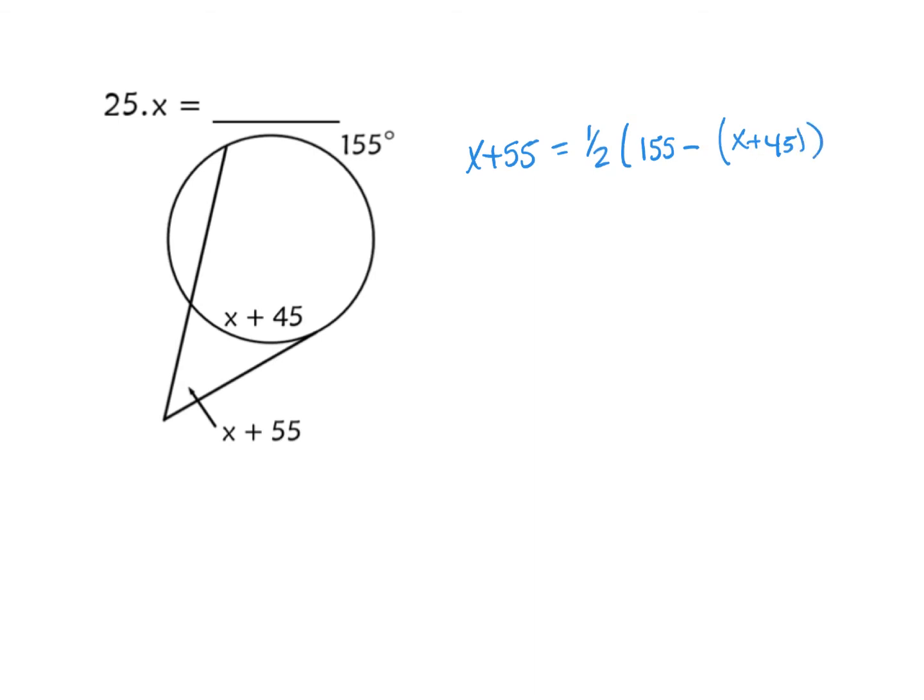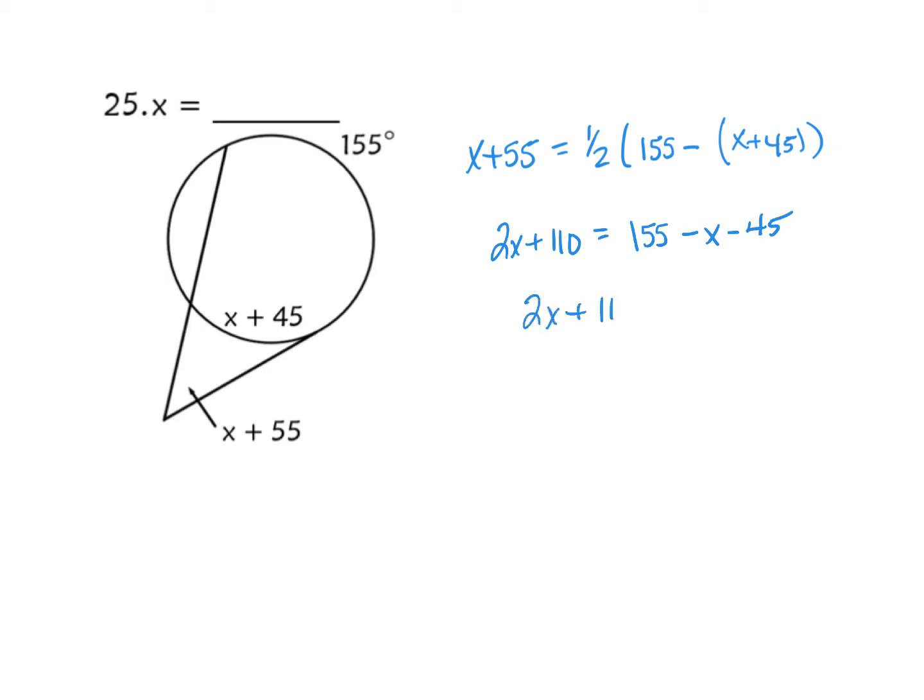Now I have to be careful because I've got to subtract that whole expression. So really I'm going to have to distribute that negative to both terms here. So let's clean up a little bit. If I multiply both sides by 2, I have 2x plus 110 equals, this is really 155 minus x minus 45.